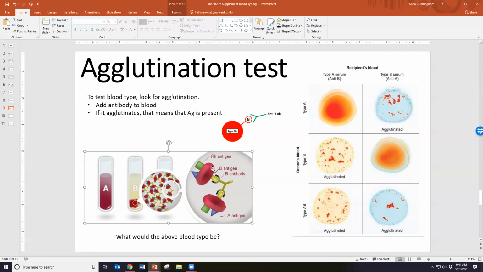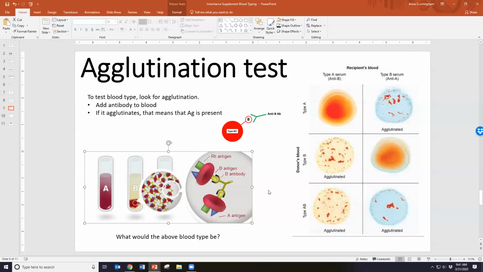So you see here, this is a red blood cell with the B antigen. This is a red blood cell with the B antigen. Because we see it has the A antigen and the Rh antigen and the B antigen, this would be an AB positive blood type, right? So we have these B antibodies, and you'll notice that each arm grabs a B antigen.